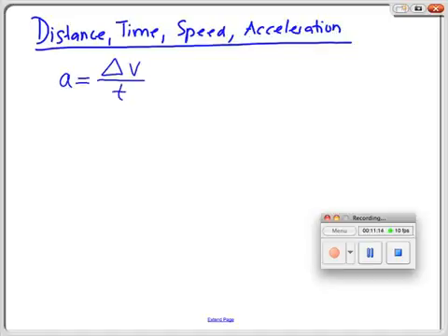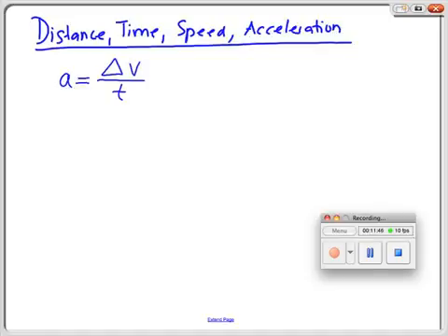If I have a car that accelerates at the traffic lights, then the car starts off at a speed of 0 because it's stationary, and then it accelerates to, say, a speed of 50 kilometers per hour, which is around 15 to 17 meters per second. So there's this change in the velocity, and if I divide that by the time it takes, that gives me the acceleration for the car.